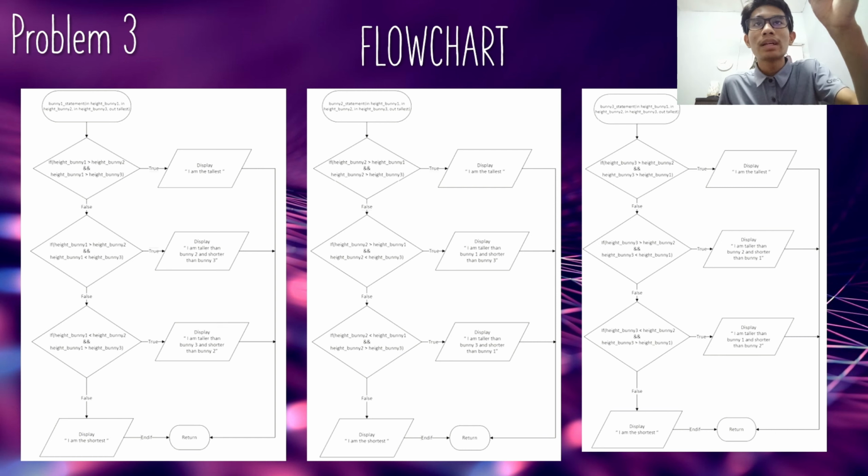Then if false, it goes to the other option. If height bunny 1 greater than bunny 2 and bunny 1 less than bunny 3, if true, display I'm taller than bunny 2 and shorter than bunny 3, and so on.